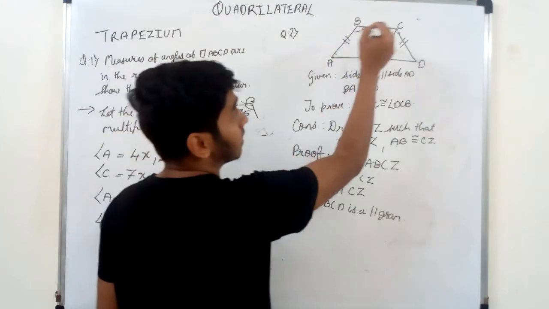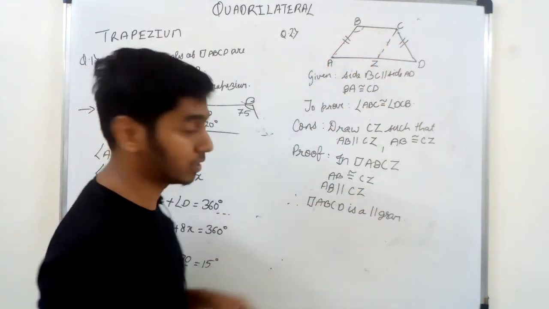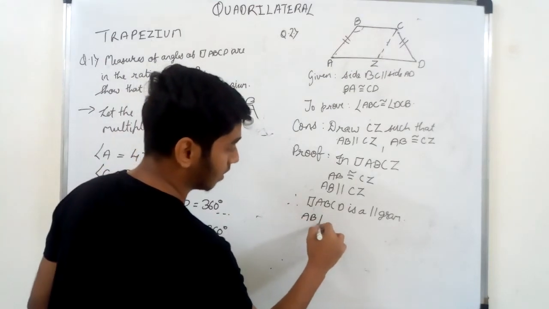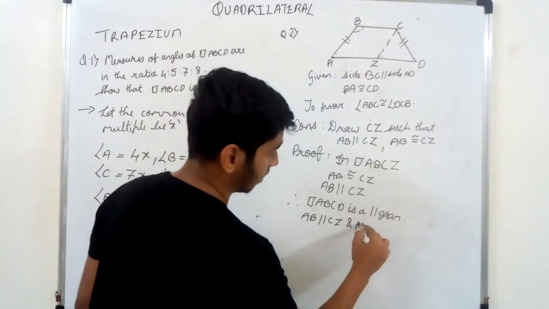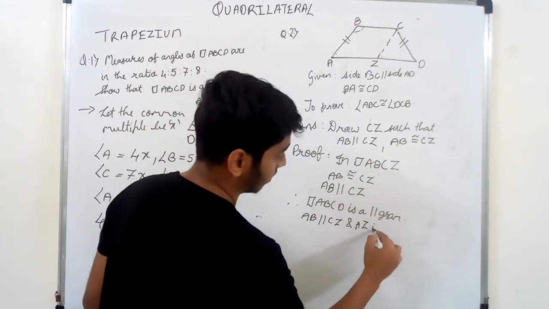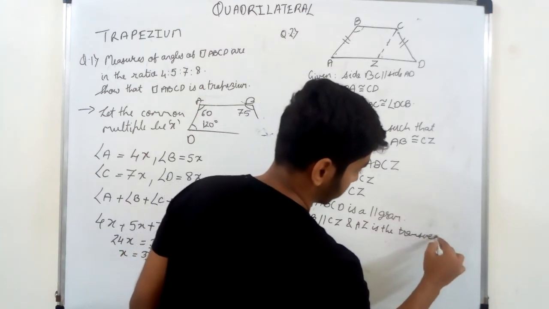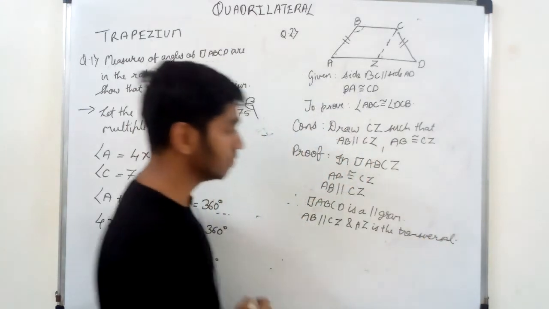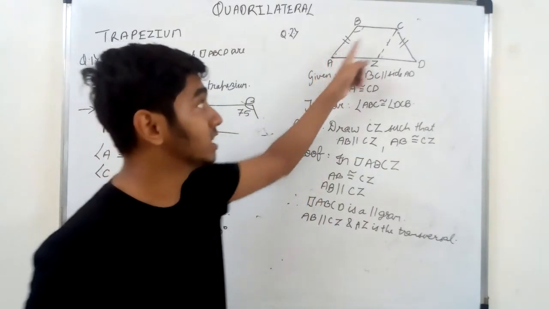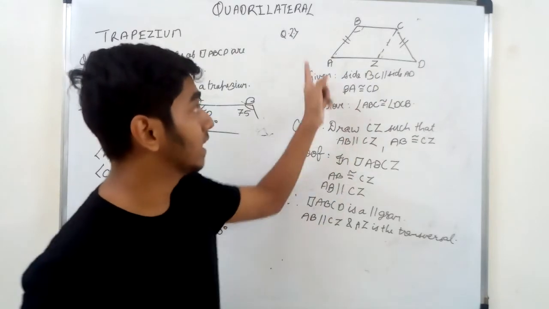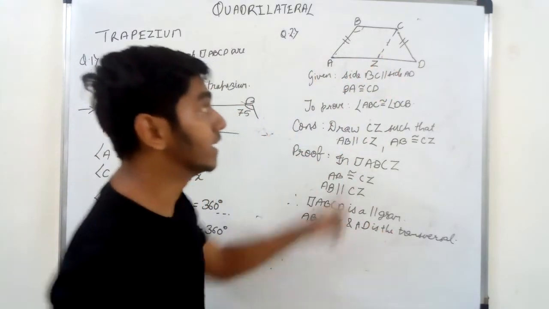Now again we know that AB is parallel to CZ, and AZ is the transversal, or you can say AD.